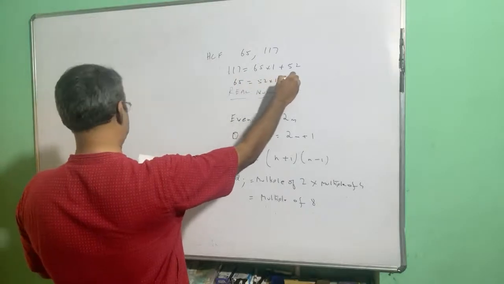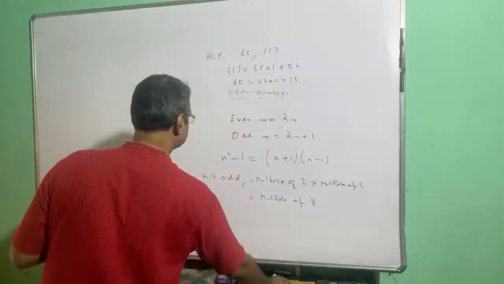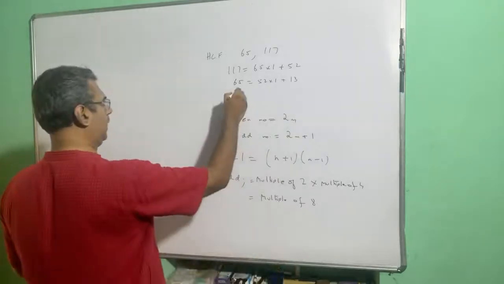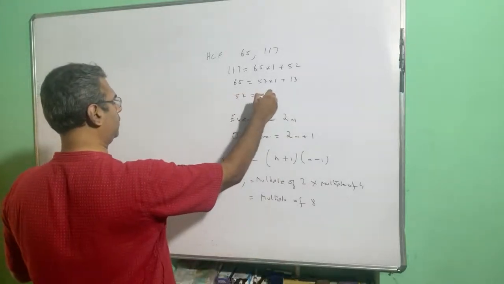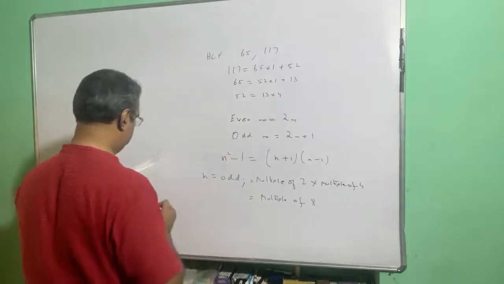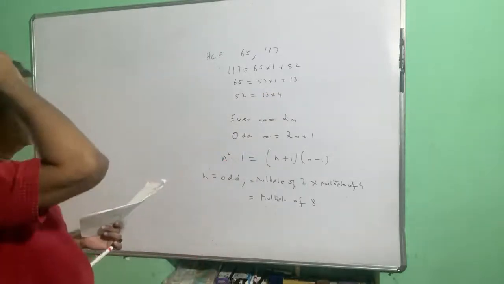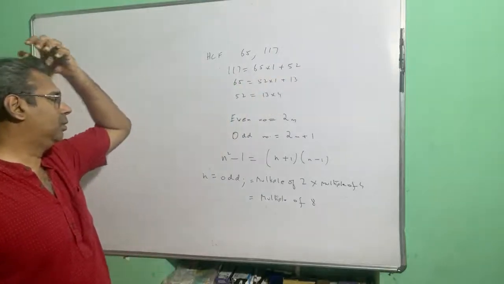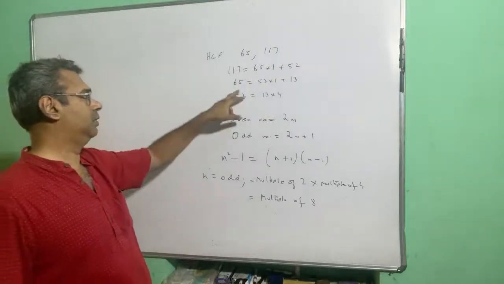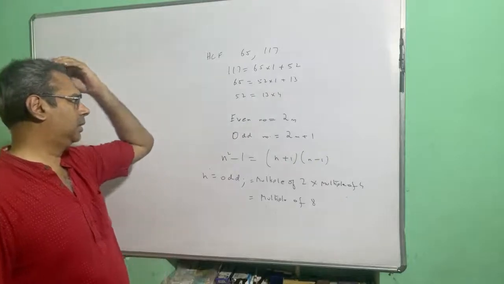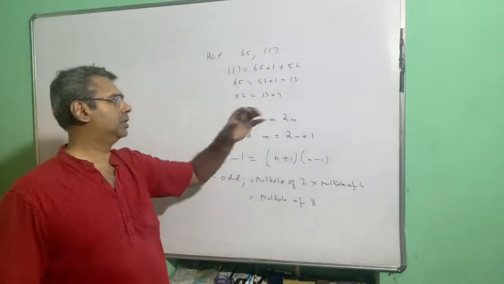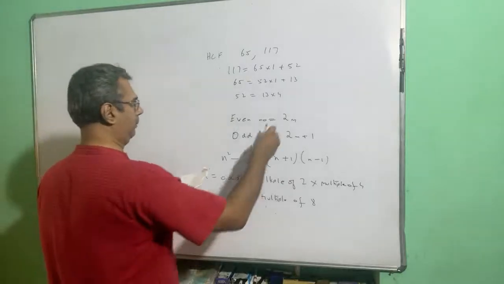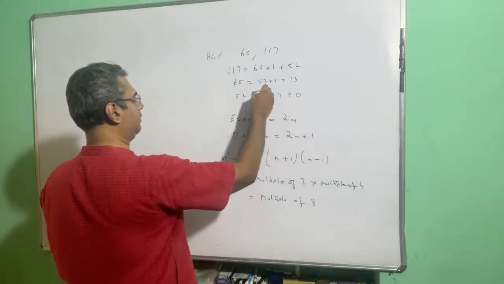Then 65 is 52 into 1 plus 13, and 52 is 13 into 4 plus 0. So the HCF will be 13.